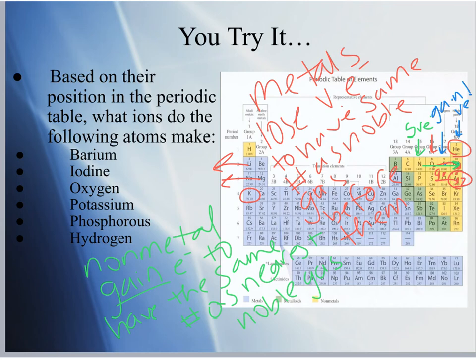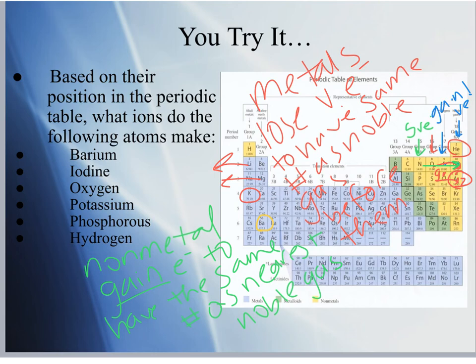So on this slide, based on their position on the periodic table, we're going to figure out what ions these elements make. Like, do they make +2 or -3? So barium, for example, down here, has 2 valence electrons.